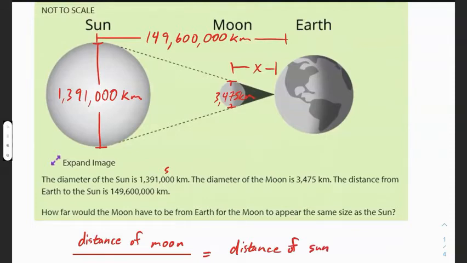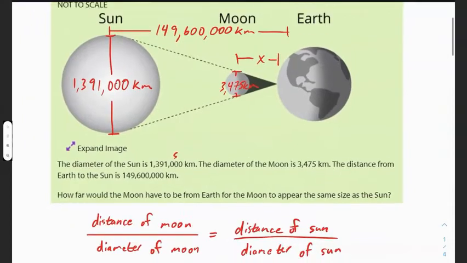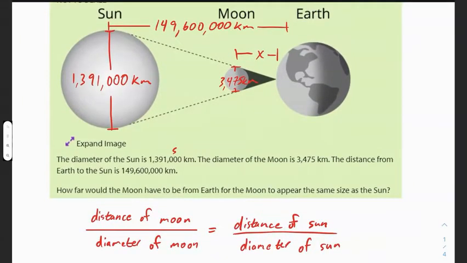We're not dealing with numbers yet. I don't know why I'm so eager to do that. So the distance of the moon in relation to the diameter of the moon should be proportional to the distance of the sun to the diameter of the sun. Okay, so let's use this proportionality statement to figure out how far the moon needs to be in order to look like the same size as the sun.